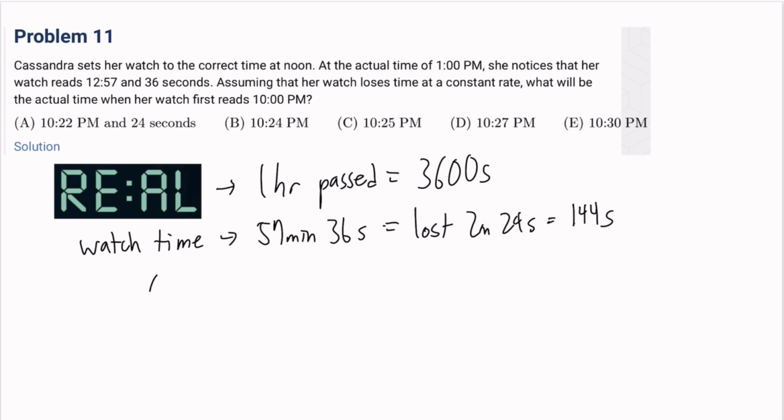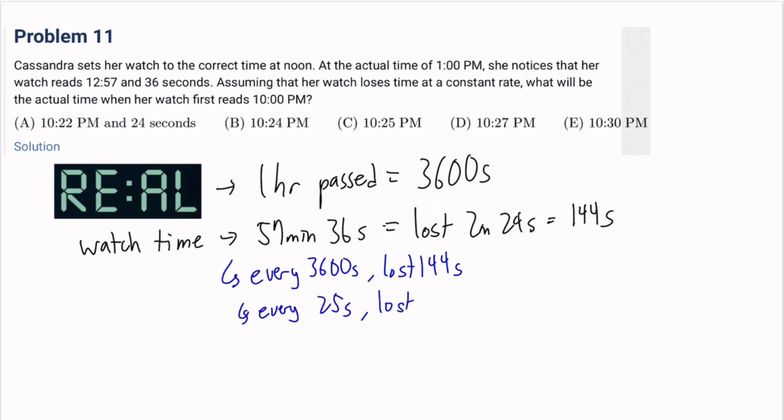And so this means that every 3,600 seconds it lost 144 seconds, right? And so if we divide everything by 144, then it means that every 25 seconds it lost 1 second, right?